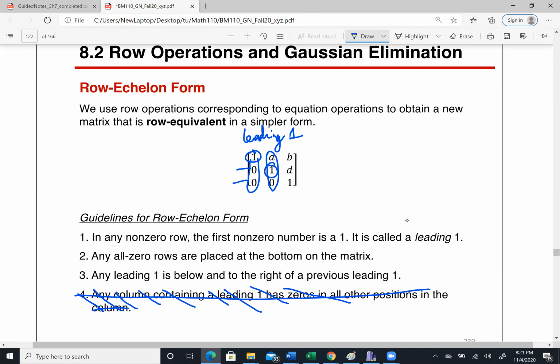Sorry, people. You should not have this in the notes. I don't know why we have it. It should not be there. Let me take a screenshot of this to tell my department. Okay. So let's move down.